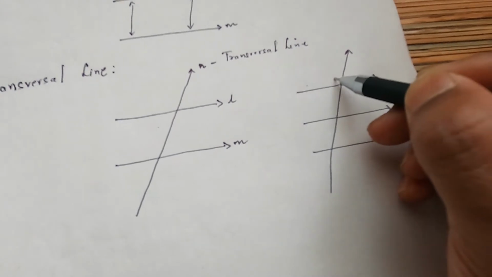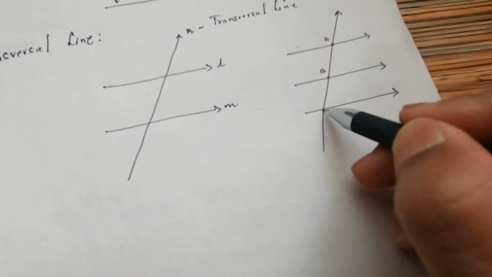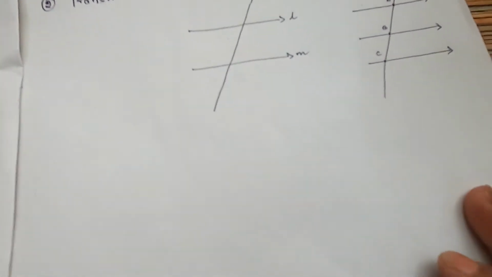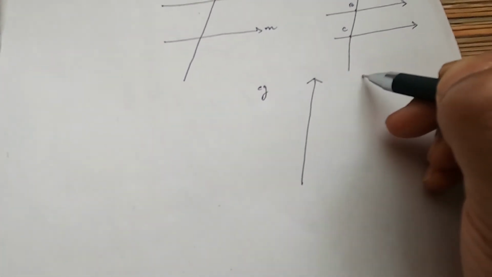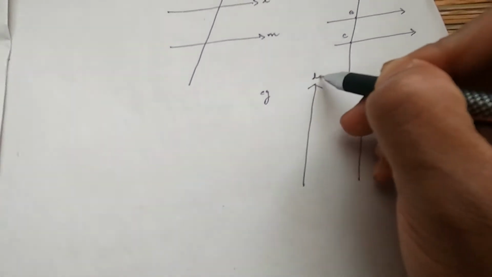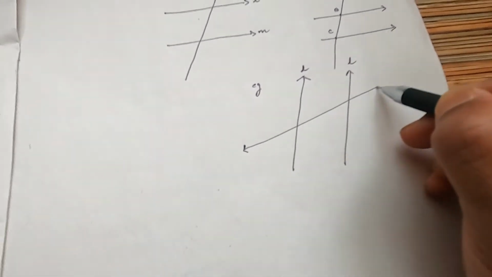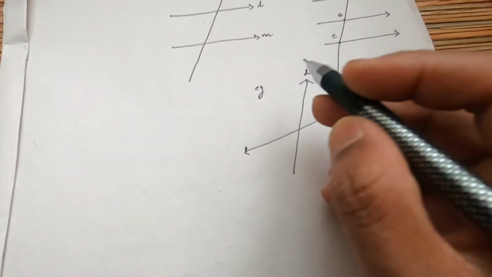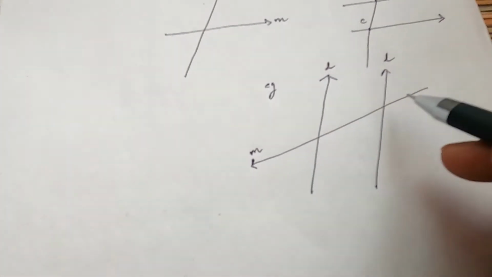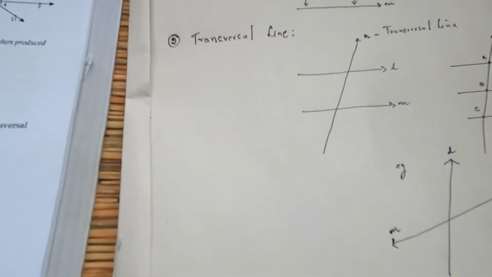So they meet at point A, point B, point C. Or another example, let us say these are two parallel lines, and this line which intersects the two parallel lines is called a transversal line. So that's all.